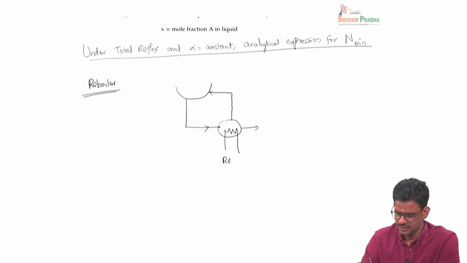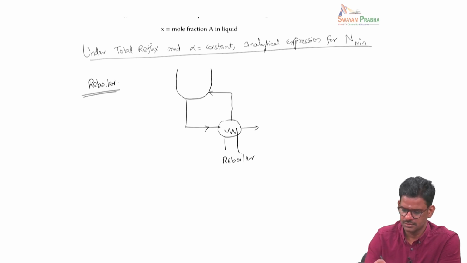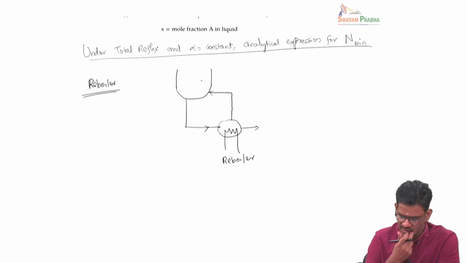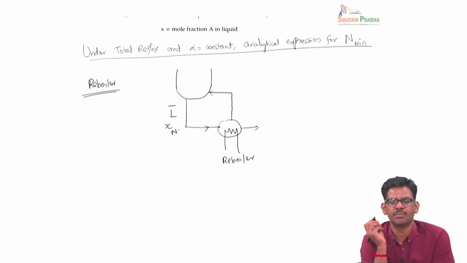This is the reboiler, the bottom of the distillation column, and here the liquid flow rate coming down from the column is L bar, and it has a liquid composition of Xn.